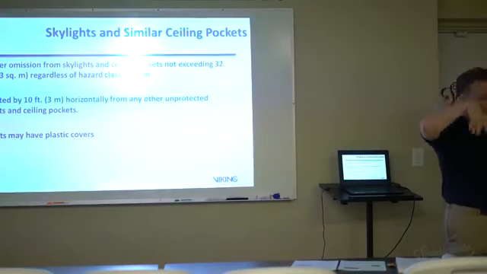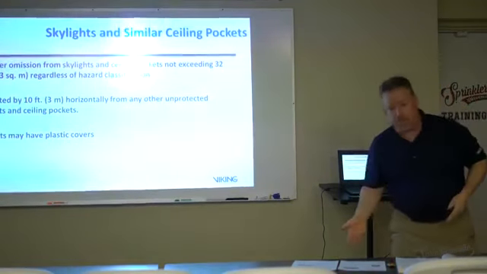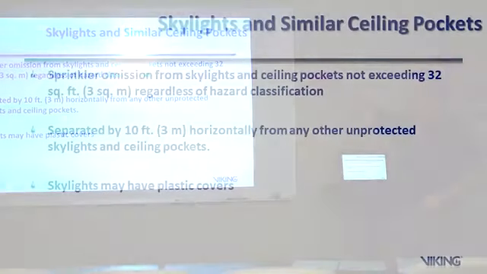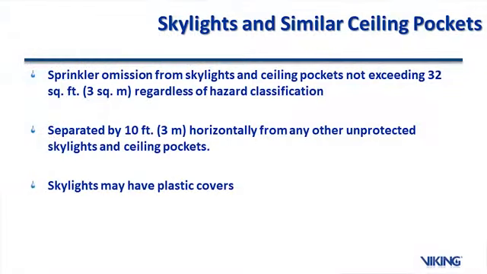They're a heat sink, and we need heat to operate our sprinklers. So basically, the permission is that sprinklers can be omitted from skylights as long as they don't exceed 32 square feet, regardless of the hazard classification, and as long as they're separated 10 feet horizontally from any other unprotected skylights or ceiling pockets.